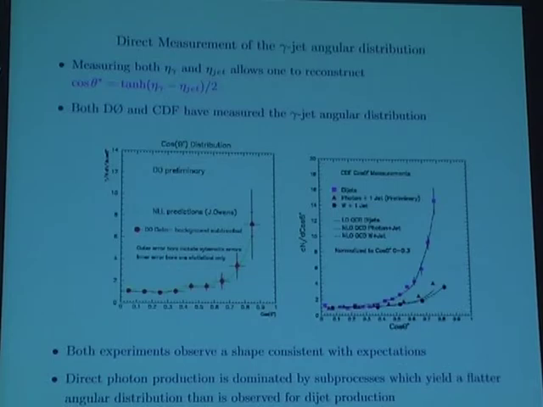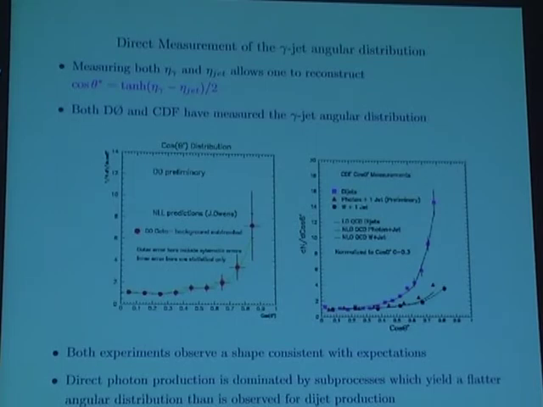And you'll notice that the agreement's pretty good in all of those cases. And in particular, the photons are being produced with a significantly shallower angular distribution than one would expect for the purely jet production case. So that's good. It says the angular distribution is what we would expect based on just the lowest order diagrams, with a little bit of next to leading order correction thrown in.